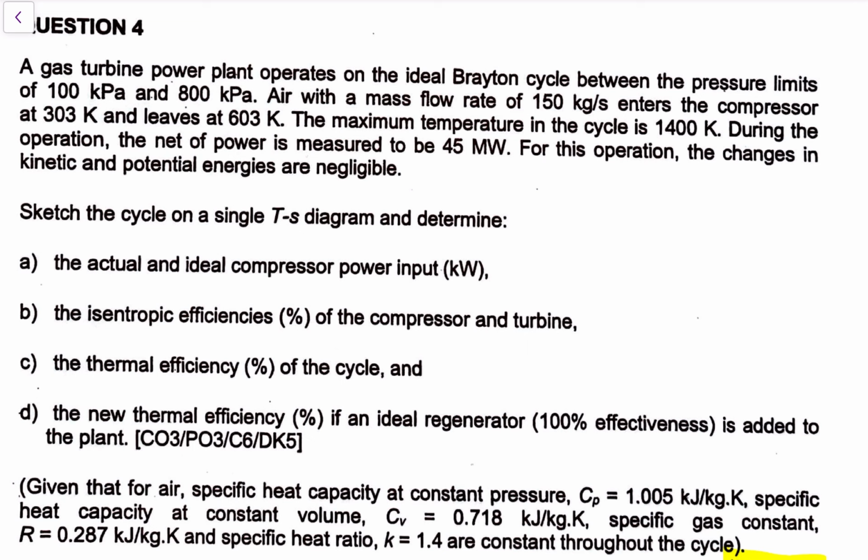Also given to you here is the temperature of the air entering and leaving the compressor. Once the question gives you the pressure and the temperature, most likely the temperature given here is the actual temperature leaving the compressor.